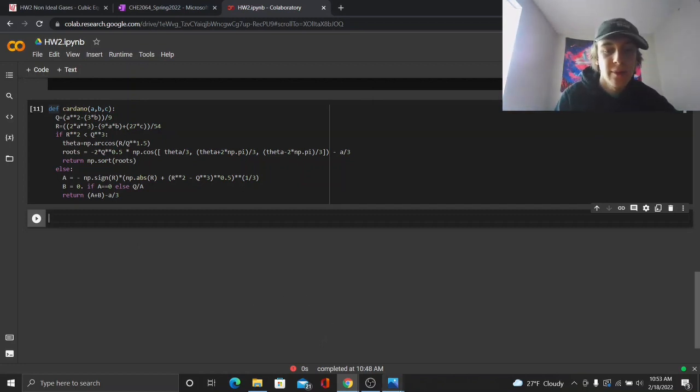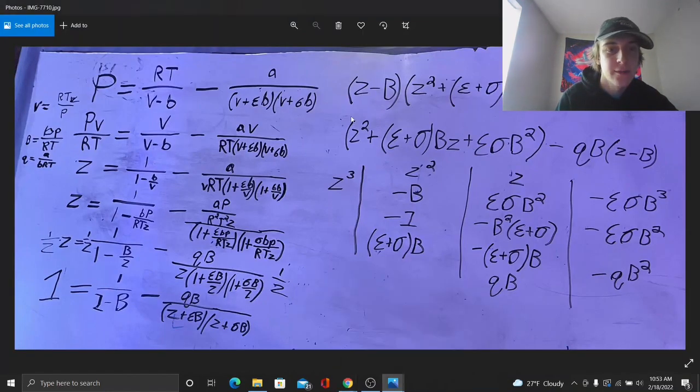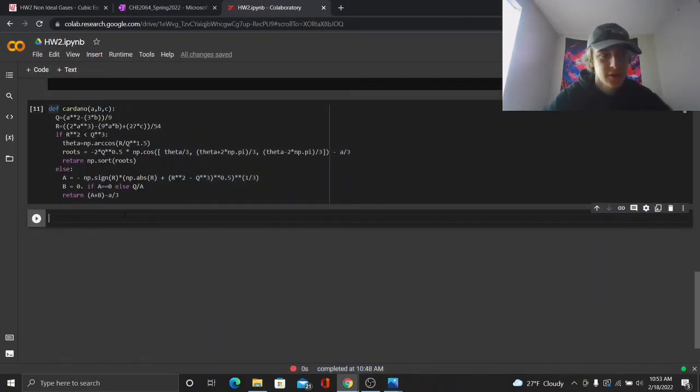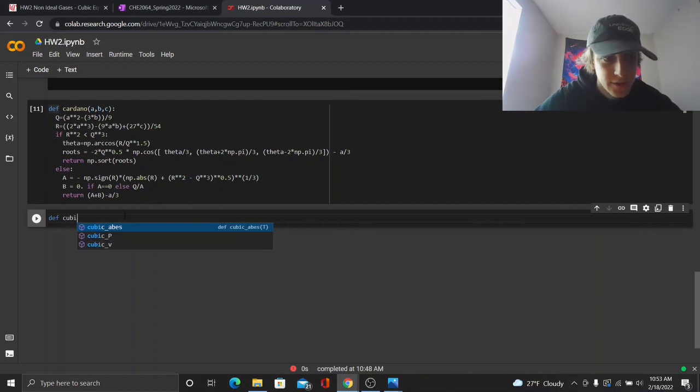So we're going to do that by using the equation that we derived before here with our compressibility factor and get the roots of that in order to solve for the volumes.